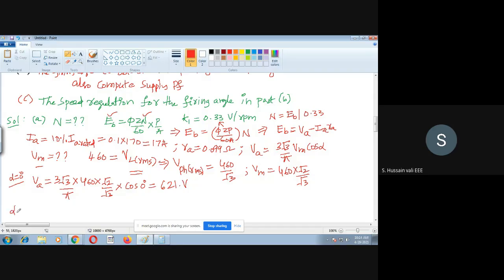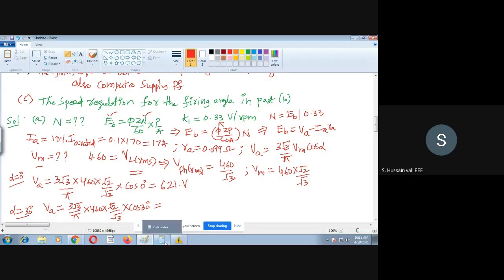Similarly, for alpha equal to 30 degrees, we find out VA by the same procedure: 3 root 3 by pi into 460 root 2 by root 3 into cos 30. So to the answer you multiply with cos 30.